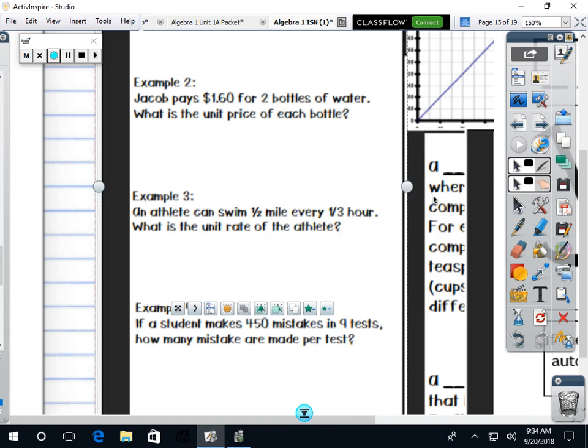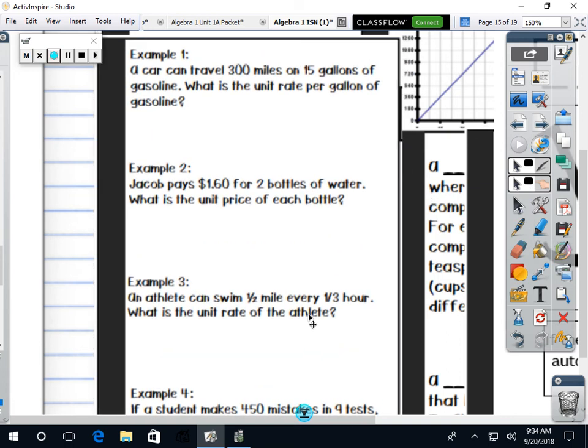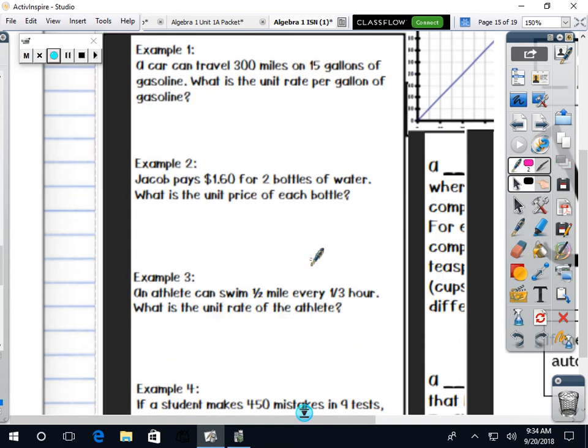All right, example 1. A car can travel 300 miles on 15 gallons of gasoline. What is the unit rate per gallon of gasoline? Well, remember on the previous page, it said that we needed to set up the ratio as a fraction and then divide. So we need to take 300 miles and set it up as a fraction, so put it over 15 gallons.